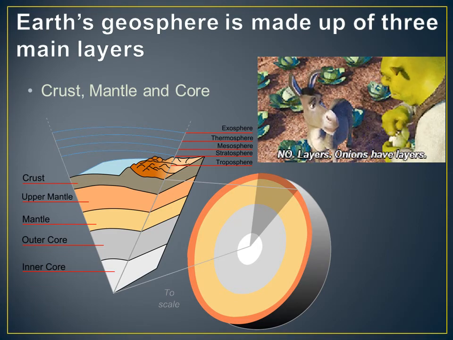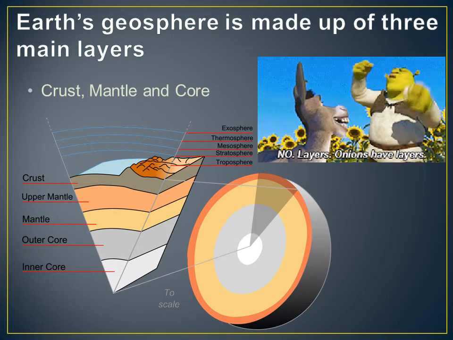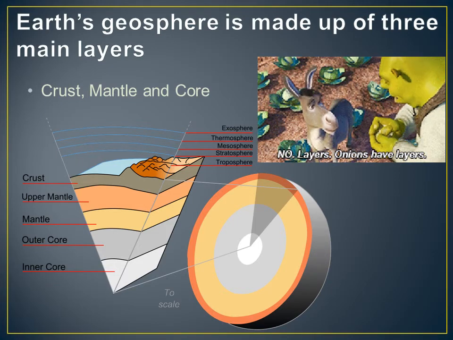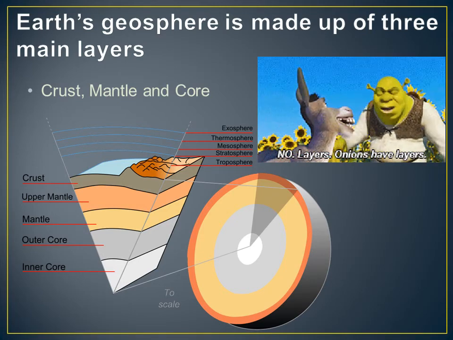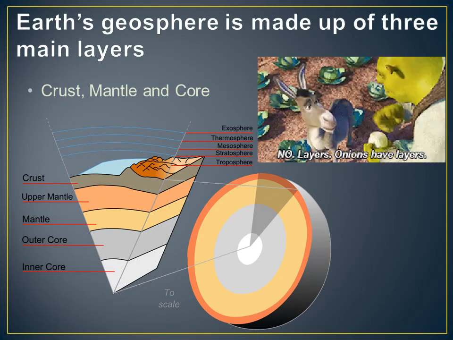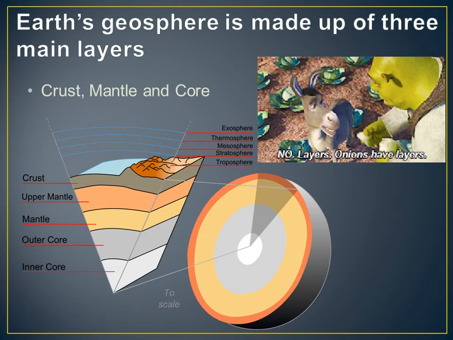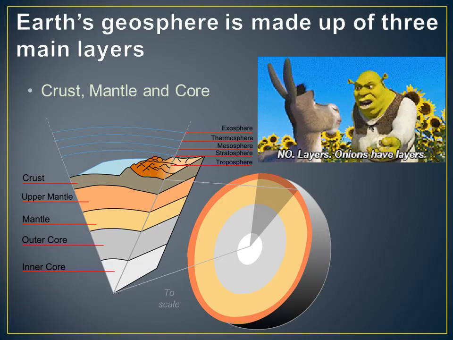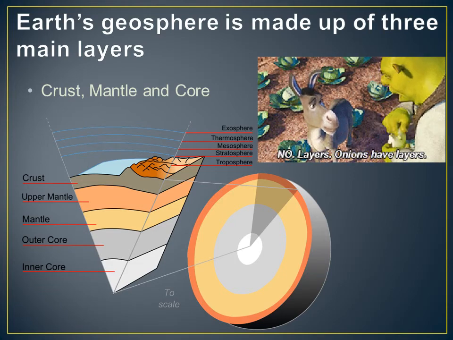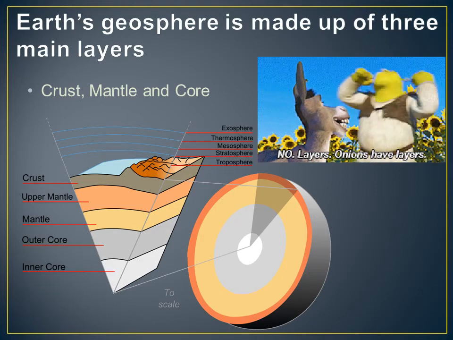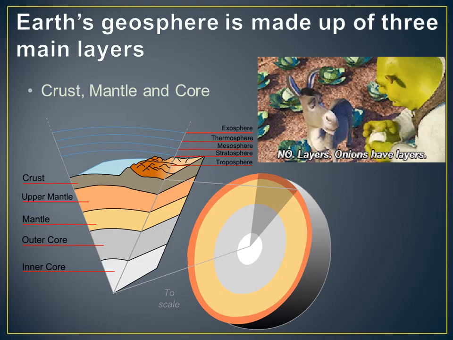They have layers." And the Earth is just like that. It is like an onion. It has different layers, but of course the Earth has layers that are different. It's not all onion the whole way through. So let's look at these layers.